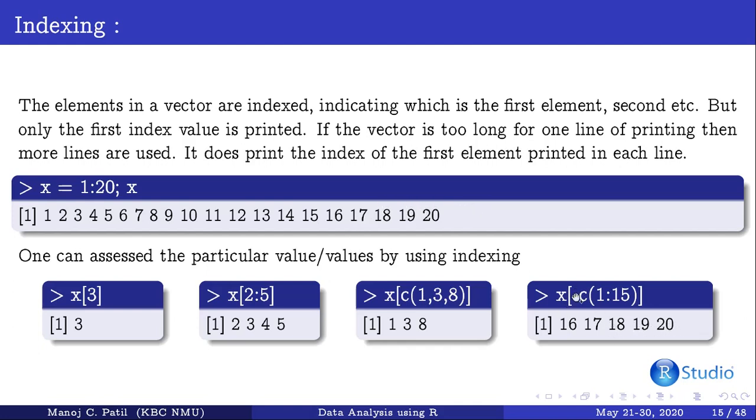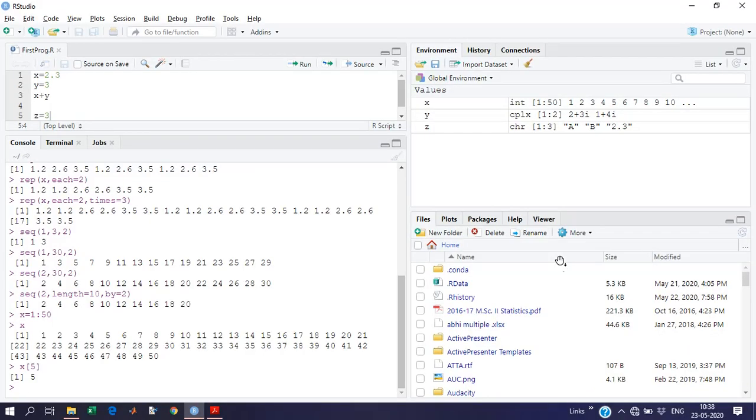So the minus sign will actually delete the elements at those particular indices, and the result will be stored in the next variable. We can check the demo if we want.